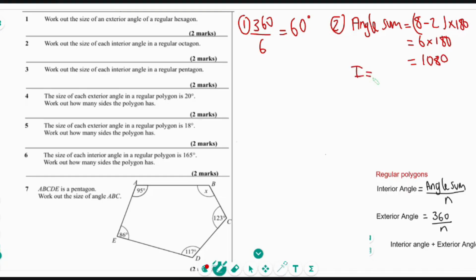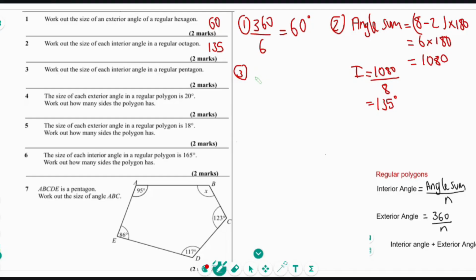Interior angle, though, is the angle sum over the number of sides. 135. So the first one was 60, then 135.